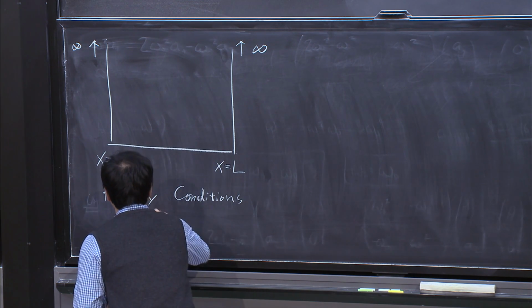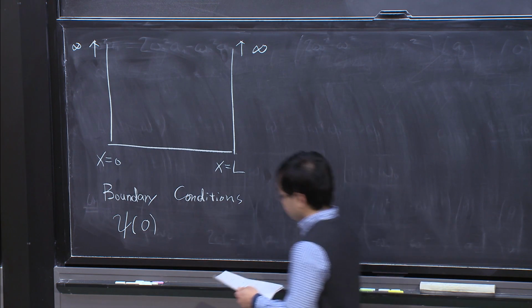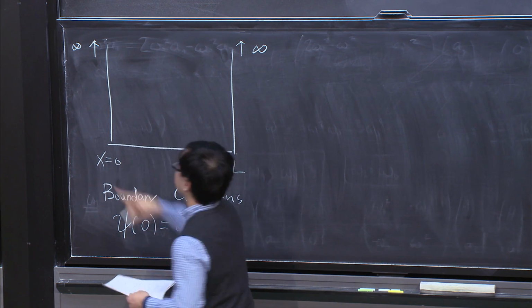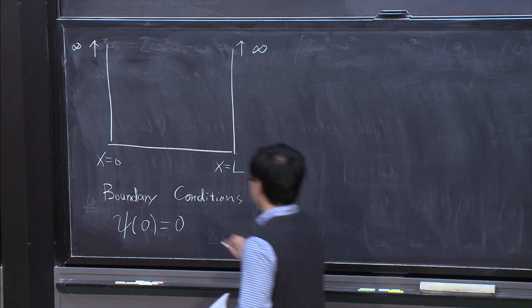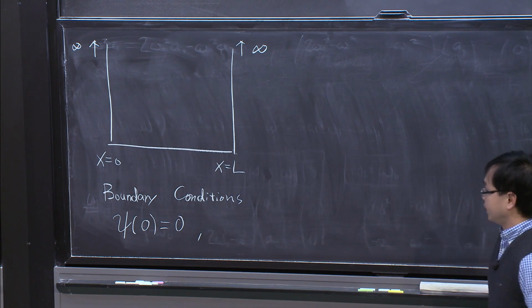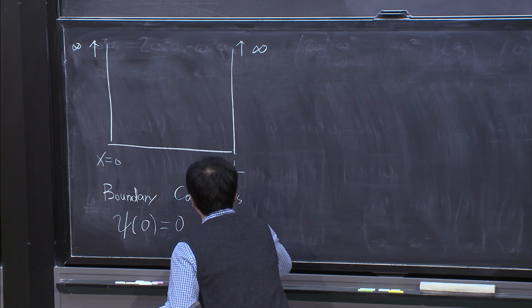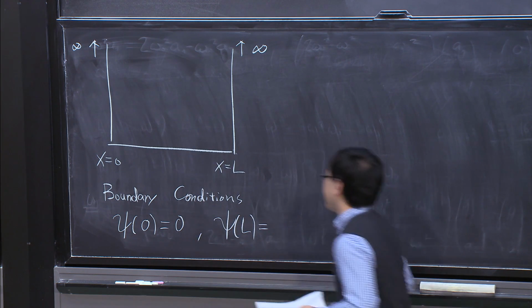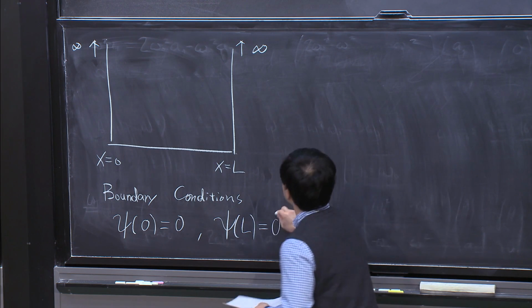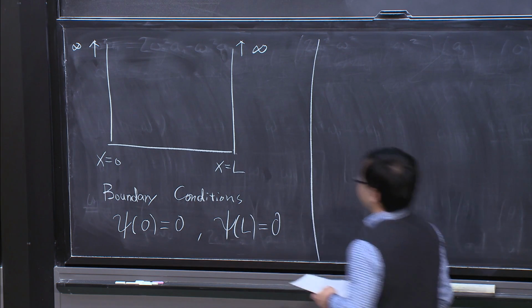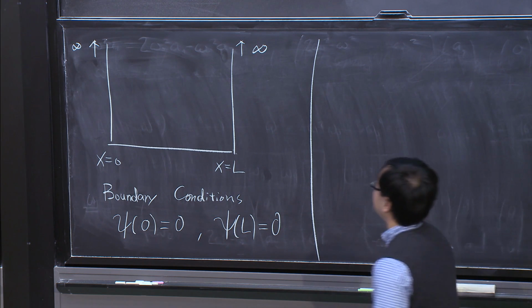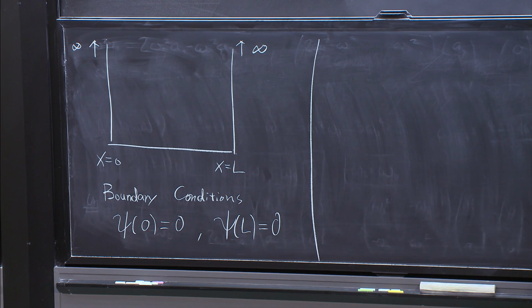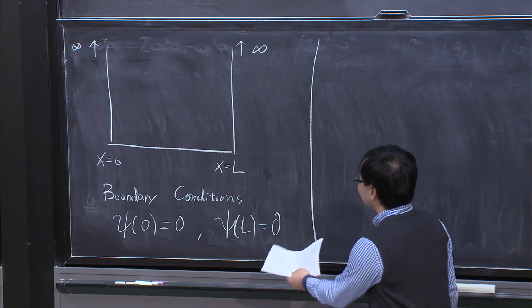So the boundary condition is psi(0) equal to 0, because it's at the left-hand side edge of the well where you have infinite potential. And also psi(L) equal to 0, because at the right-hand side edge you also have infinitely high potential.